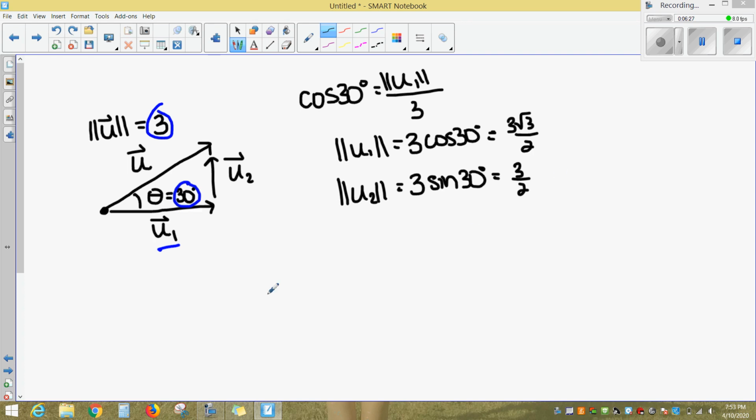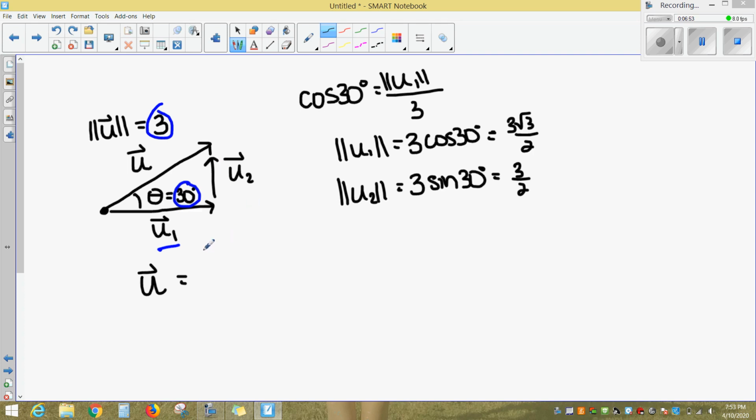If I want to write u in its components, maybe we'll write them as i's and j's. This u1 that I'm creating is just a horizontal vector. There's 0 steps up and 0 steps down. And this u2 is in reverse of that.